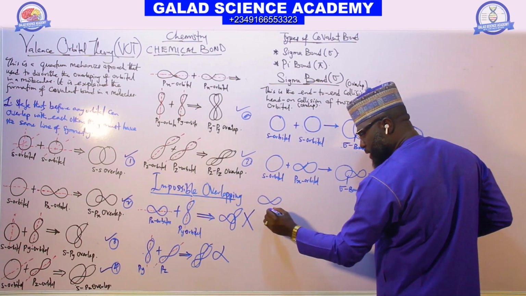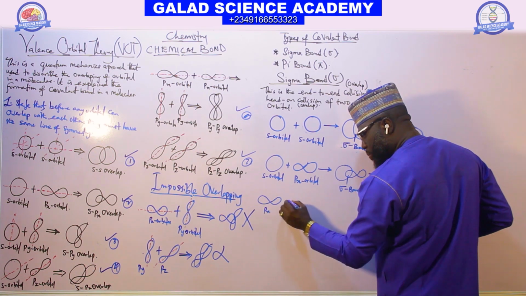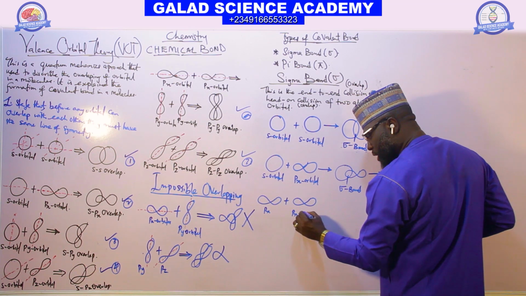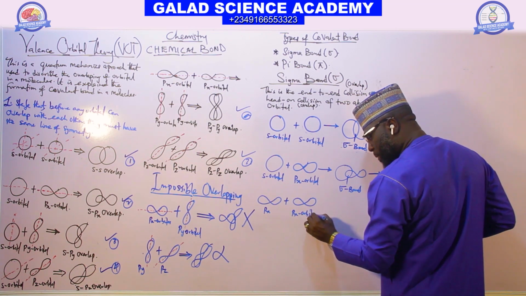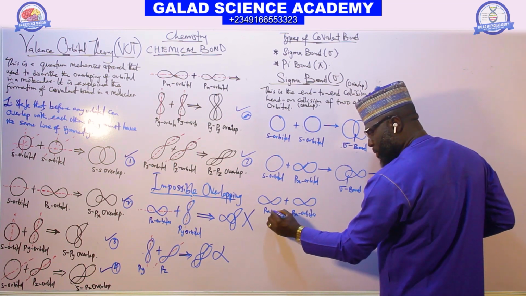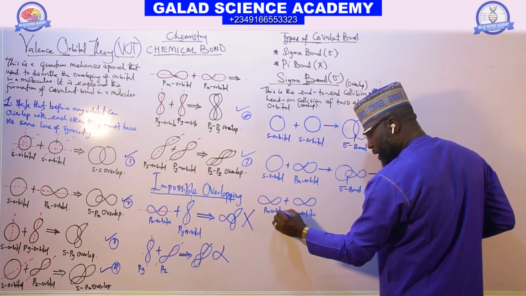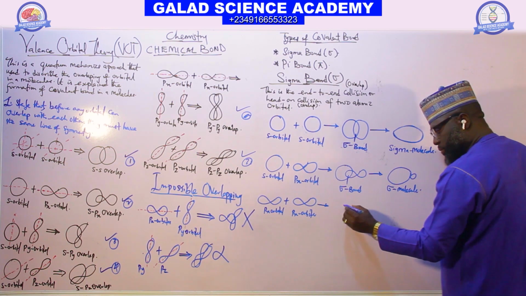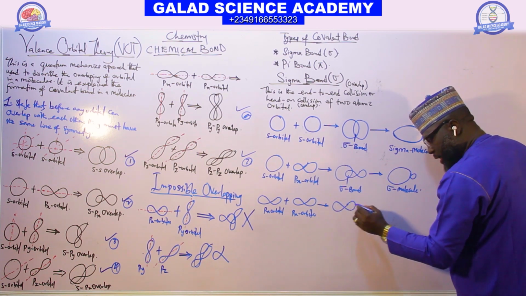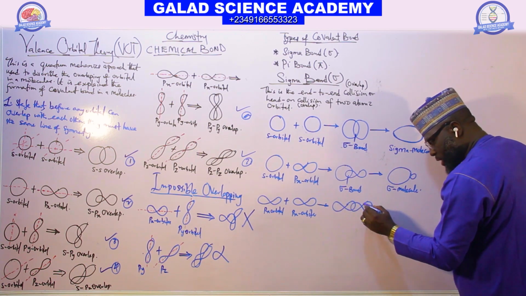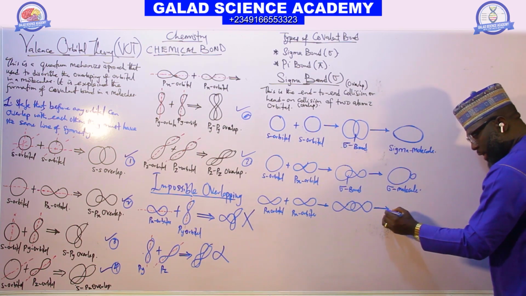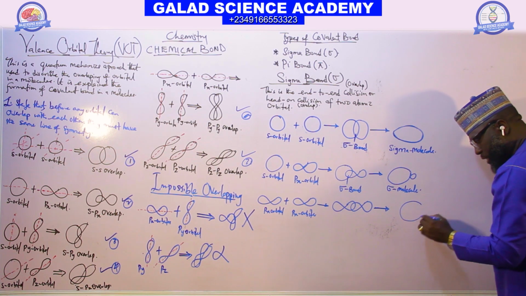And the third one will be px plus another px orbital. The molecule formed here will be this molecule.